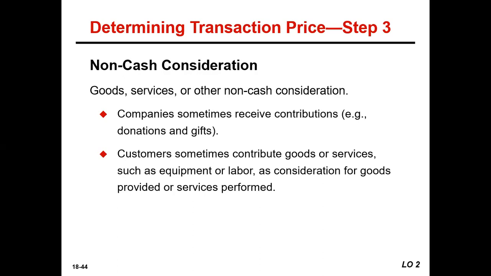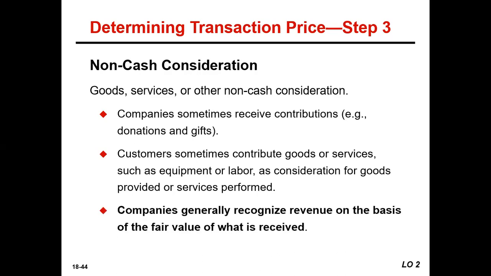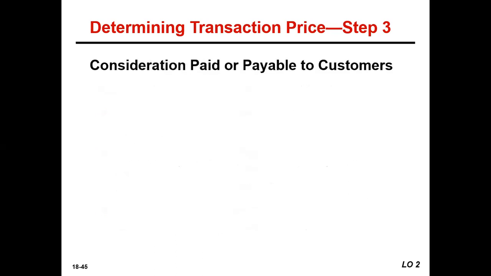We have, for example, donations and gifts, or sometimes customers contribute goods or services such as equipment, labor. As I have said, companies generally recognize revenue on the basis of the fair value of what is received.